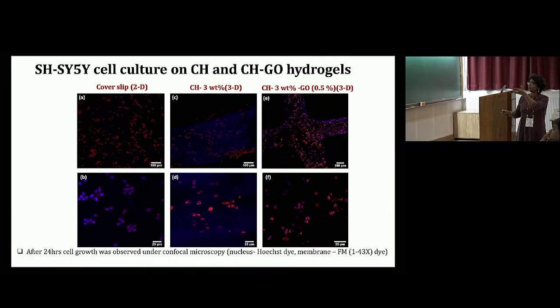This is with no graphene oxide, and this is with graphene oxide. And we could see that even after 24 hours, here the cross is not really visible much, but these are printed structures which we used. So after 24 hours of cell growth, we could observe that these cells were growing.